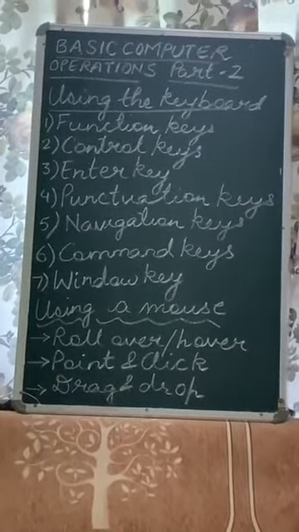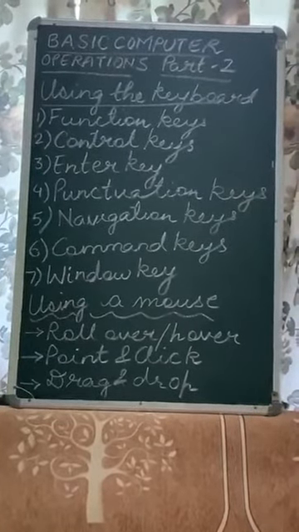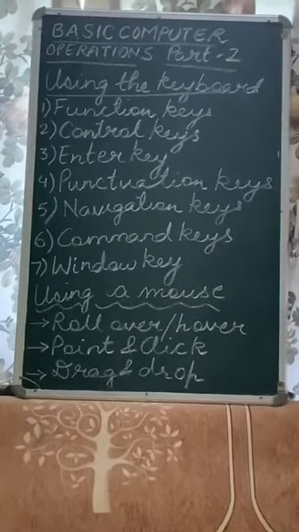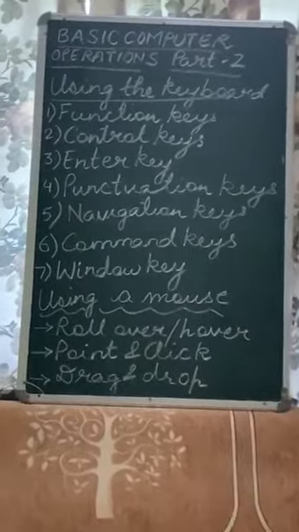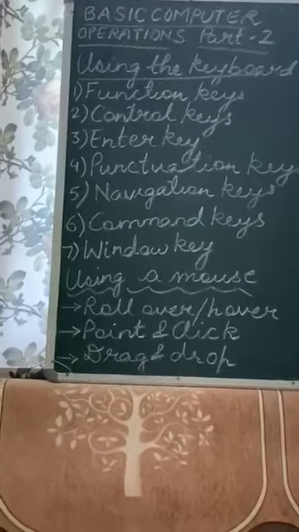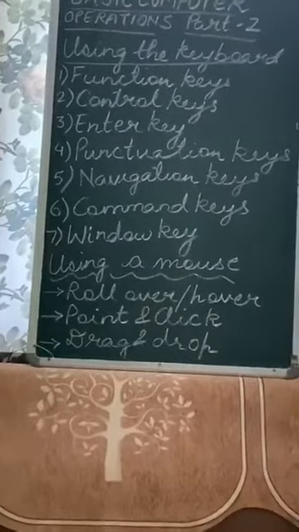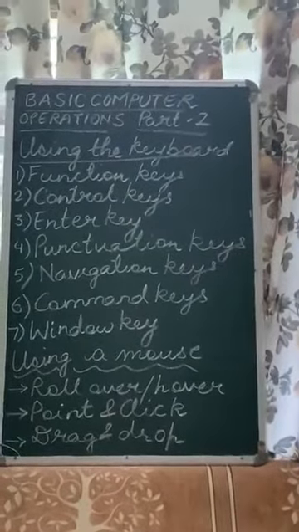These arrow keys help you move the cursor towards these positions. Then you have the home key, which is again a navigation key. Page up helps you move up if it is a document of various pages. Similarly you have page down. So these are used to move up and down, right and left in a document.